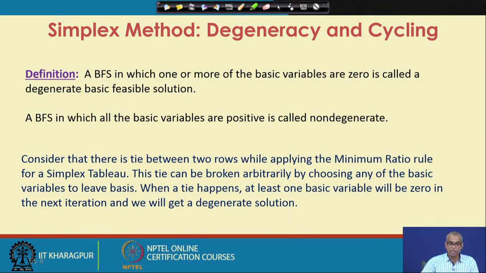So, when there is a tie between two rows, that means the value of the ratios are the same for two rows, and you can arbitrarily choose any one of these two rows to break the tie. But when a tie happens, at least one basic variable will be 0 in the next iteration, and then in the next iteration we are going to get a degenerate solution.